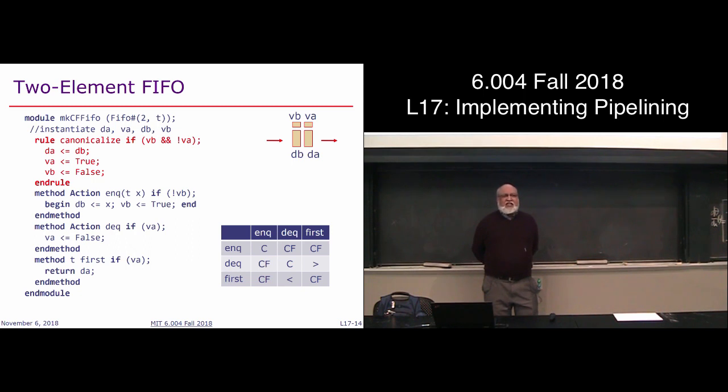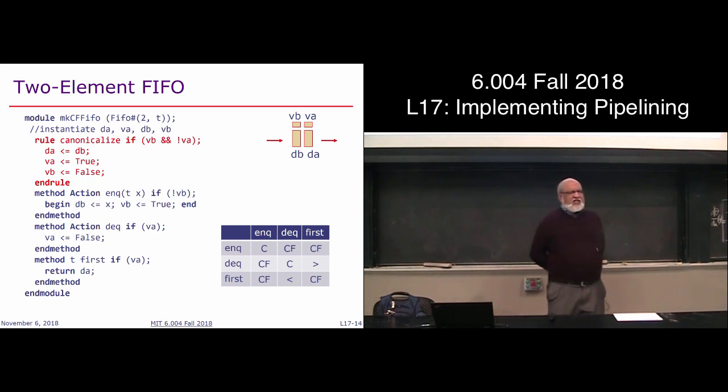Do you agree that NQ and DQ now are conflict free? Can they be enabled at the same time? Is it possible that VB is empty and VA is full? That's possible. These are two independent variables, so that condition is possible.